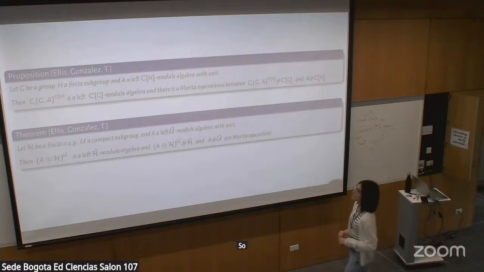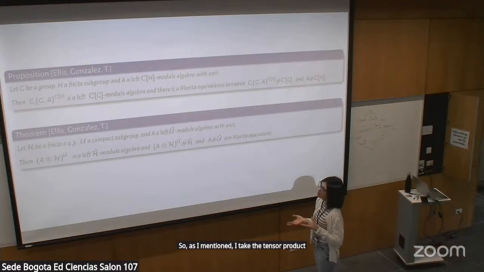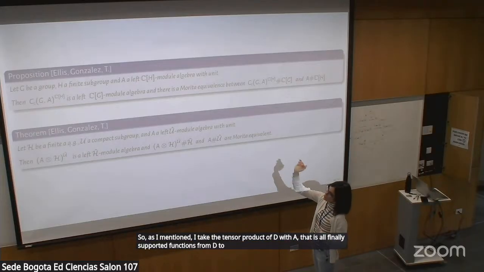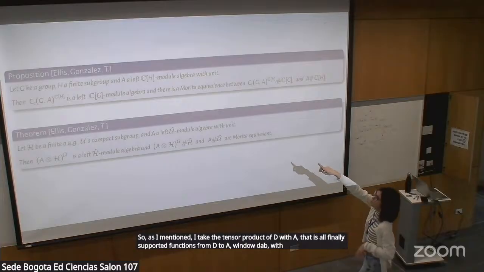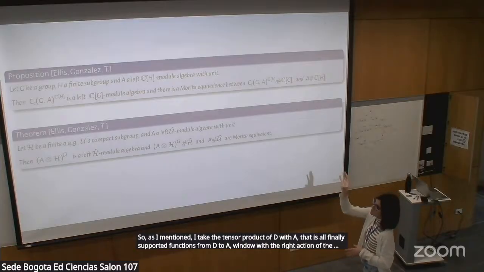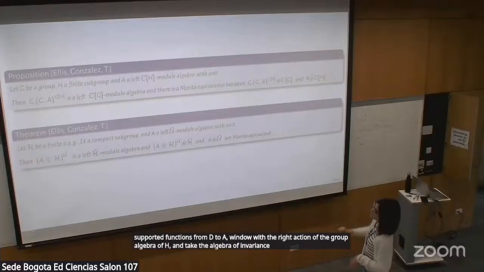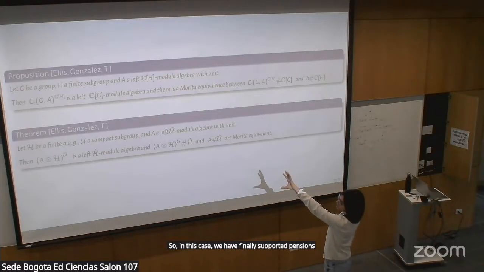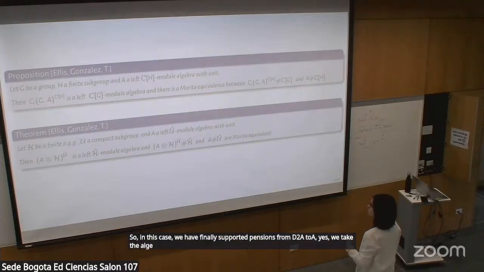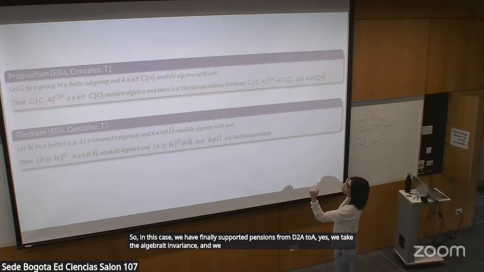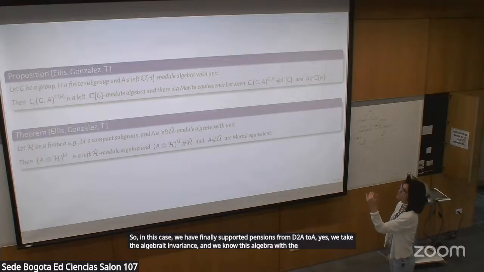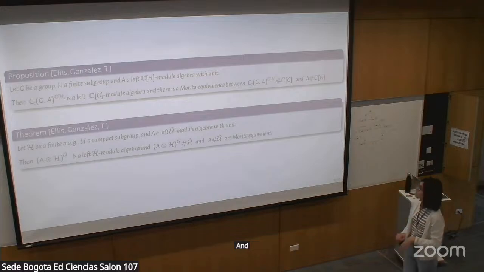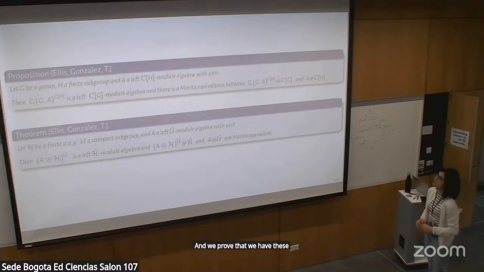So as I mentioned, I take the tensor product of D with A, that is all finitely supported functions from D to A. We do that with the right action of the group algebra of H and take the algebra of invariants. So in this case, we have finitely supported functions from D to A. Yes, we take the subalgebra of invariants and we endow this algebra with the left module algebra structure over the group algebra of D. And we prove that we have this Morita equivalence.